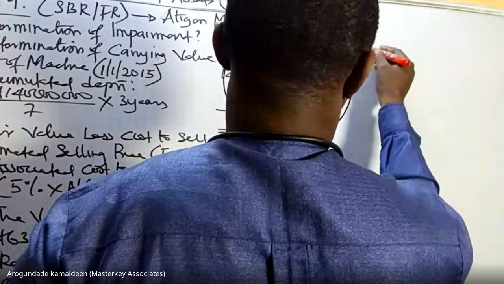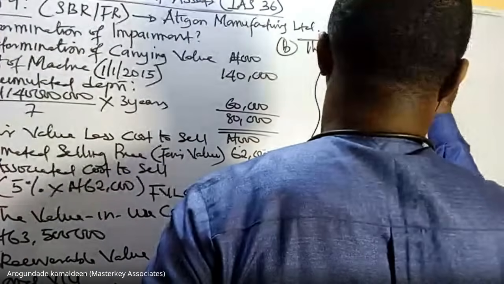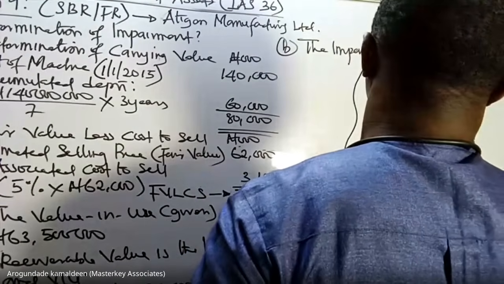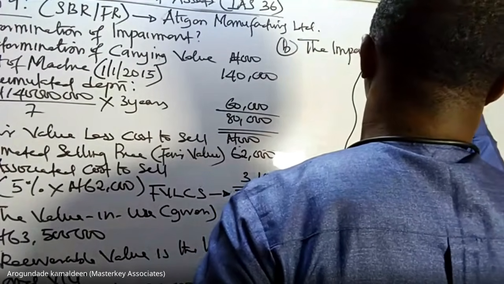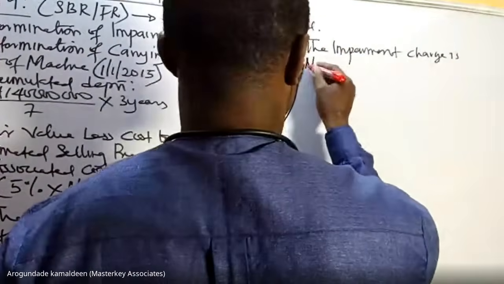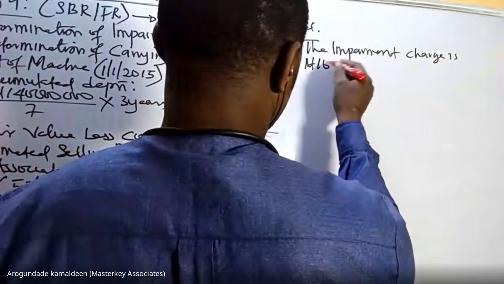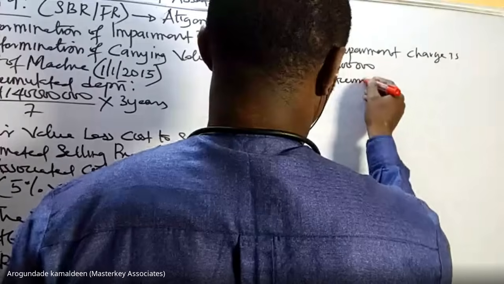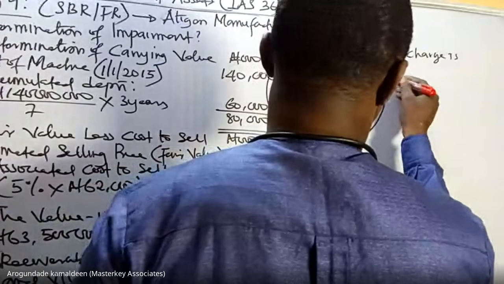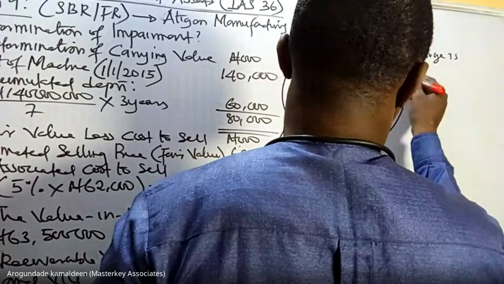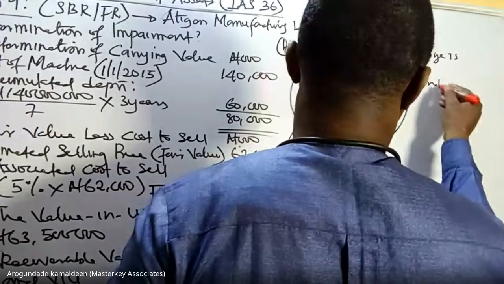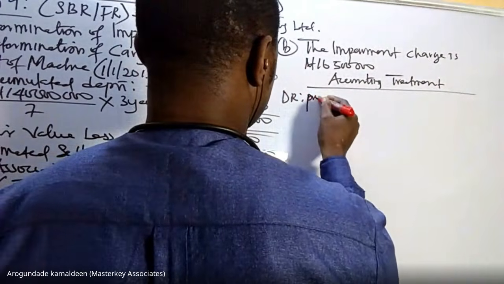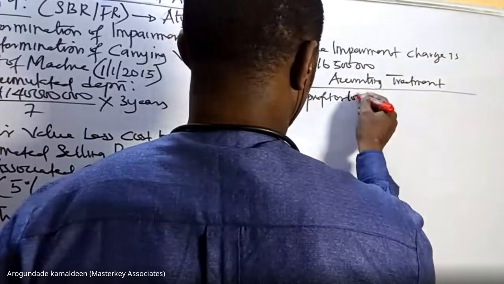The impairment charge, okay, is 16.5. So the accounting treatment: debit the profit or loss, Abi.